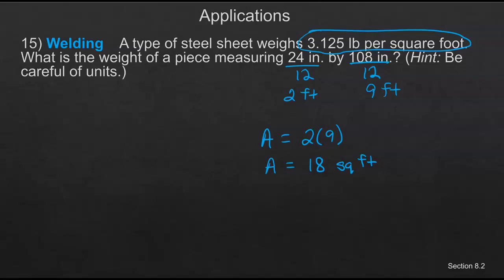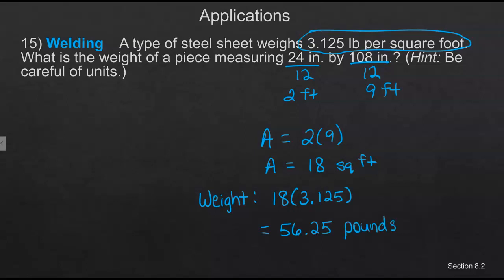And we multiply to find our weight. So my weight is going to be 18 times 3.125 and I get a weight of 56.25 pounds. And it's a pretty good sized sheet of metal, 2 foot by 9 foot, but still that's pretty heavy.